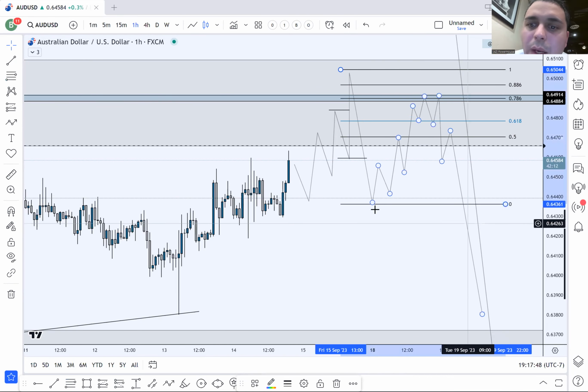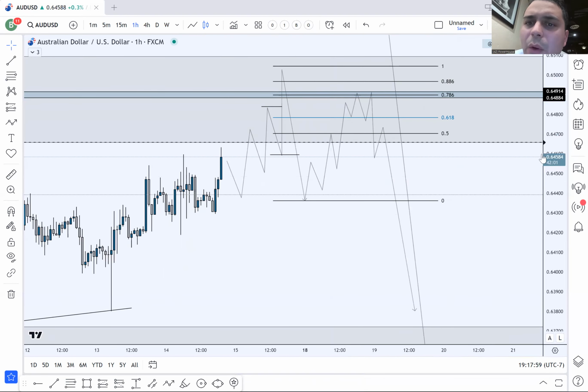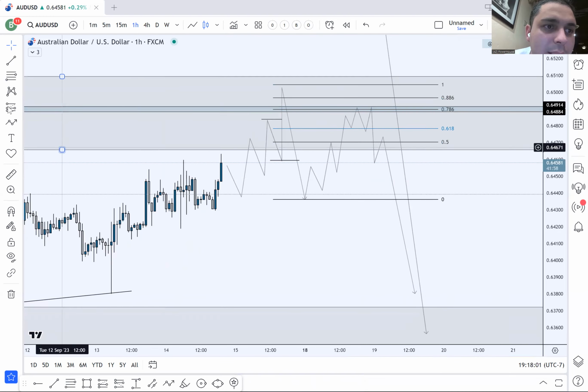We're not going to enter as soon as this happens, right? We still want to wait for a better price. So we're going to wait for the market to come back into that area, right around the 786, 886 area. That way we can take a trade idea that looks something like this, right?